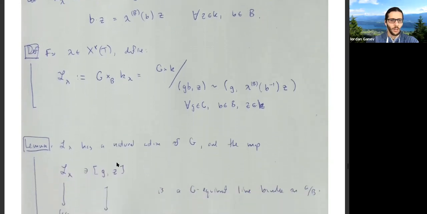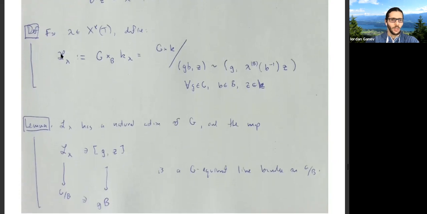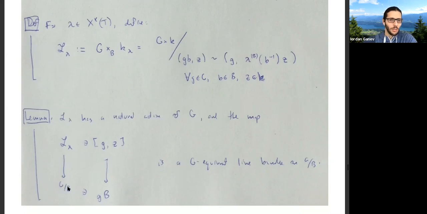Okay, so this L_lambda looks kind of bizarre. Why do we care about it? Well, first of all, there's an action of G on it just by left multiplication. This B here was acting by right multiplication, but then we have the left multiplication action of G on itself. And we also have this map to G mod B. G cross K is just the trivial line bundle on G, because we project onto the G coordinate. The fibers are just one-dimensional vector spaces.